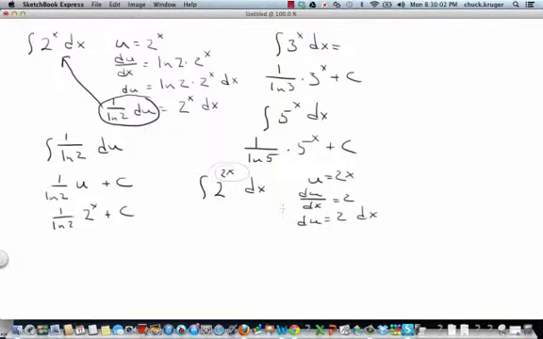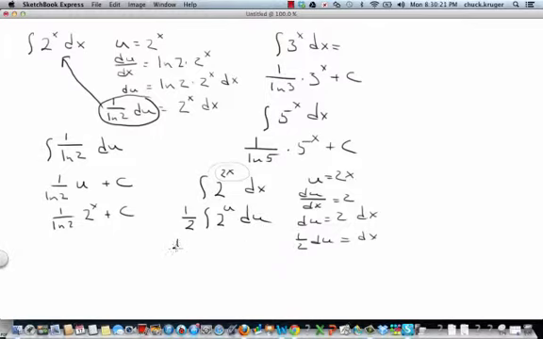I don't have a 2 dx, so I'm going to have to write 1/2 du is equal to dx, and so I'm going to have 1/2 times 2 to the u du.